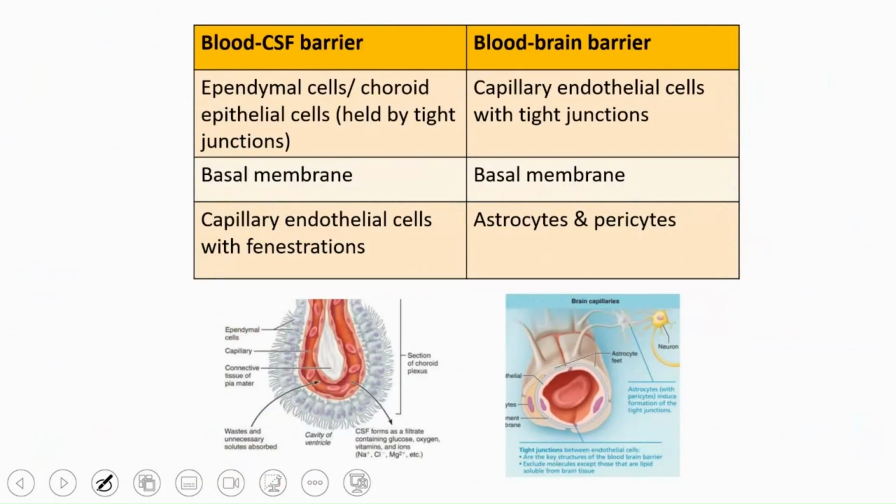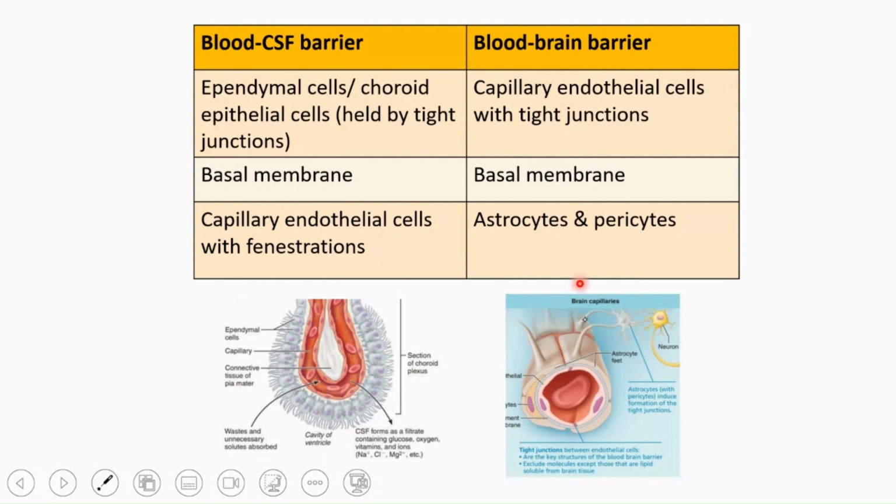Okay, this is a small summary that I did for the blood CSF barrier, which is the choroid plexus, and the blood-brain barrier. So as a quick recap, this is the blood CSF barrier. It has a capillary with endothelial cells that have fenestrations, so they are permeable, a basal membrane, and an epithelial cell of choroid plexus called ependymal cells that are attached by tight junctions.